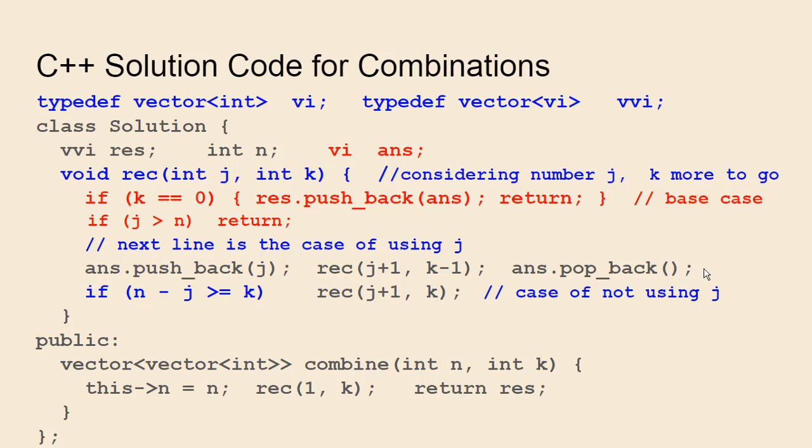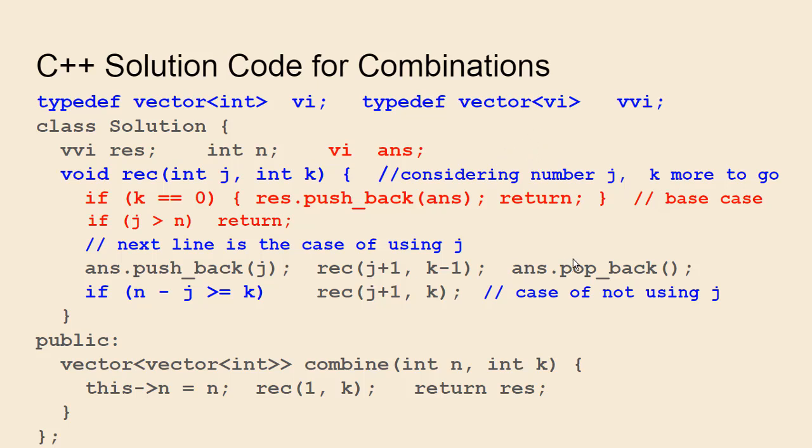And here, because I'm using this vector, I use push_back each time I add an element. When I want to use J, I add it to the vector, and then when I'm done, I will remove it. This remove is not explicit in the Java version because I use an array and I keep an index of the array.